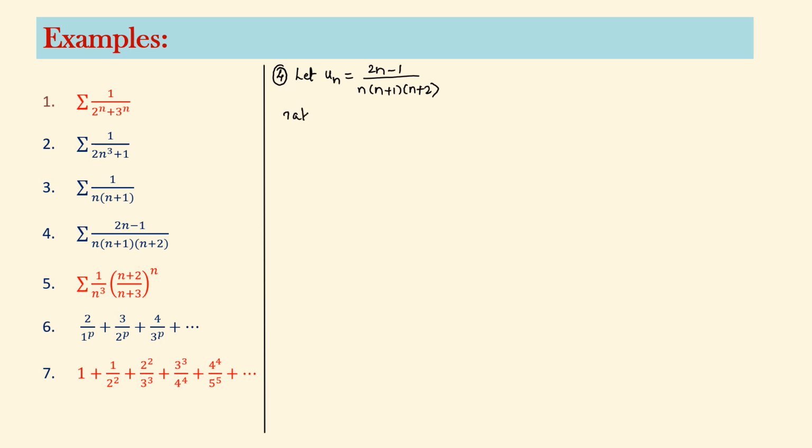The highest power of n in the numerator is n, and in the denominator we have three factors, and in each factor we have n, so altogether n cube. So this implies 1 by n square will be our Vn. So take Vn equal to 1 by n square, and then we know that summation Vn is convergent by the p series test.